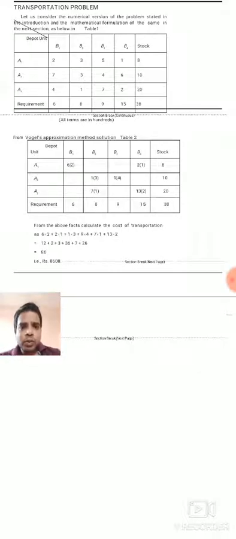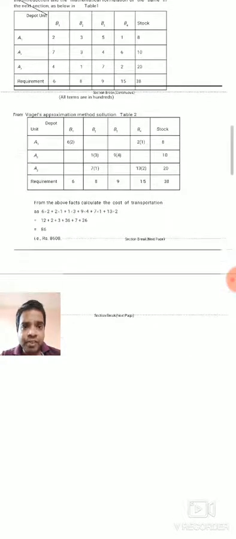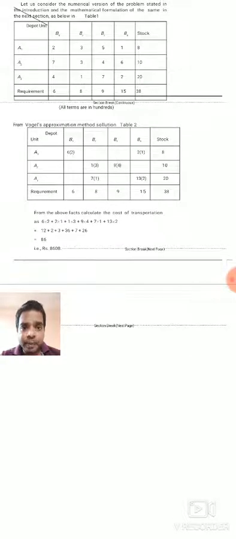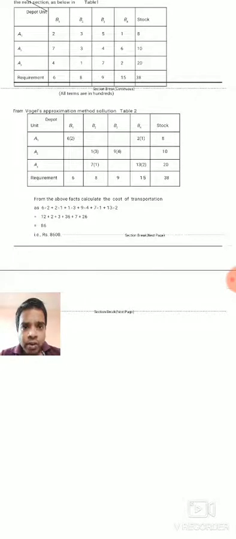Table 2 is the final table after solving the transportation problem by using Oza's approximations method, and we are getting the final allocation table. Table 2 represents the final allocation table. Now, can you tell me the transportation cost by referring to the final allocation table?